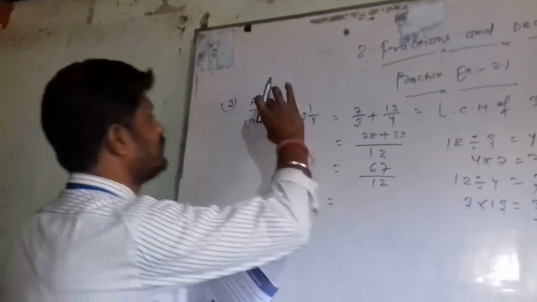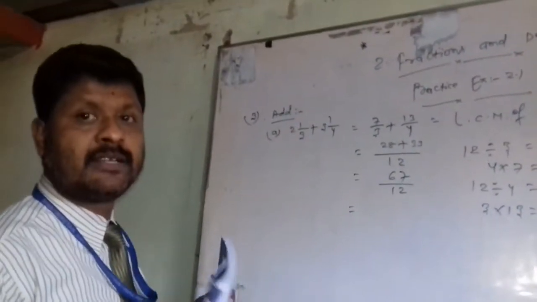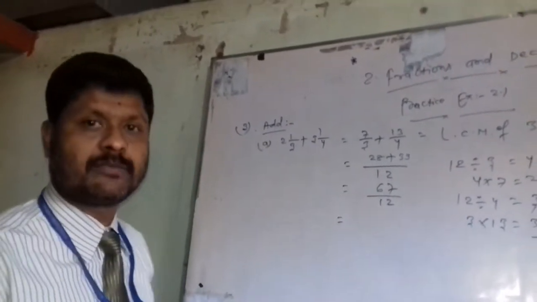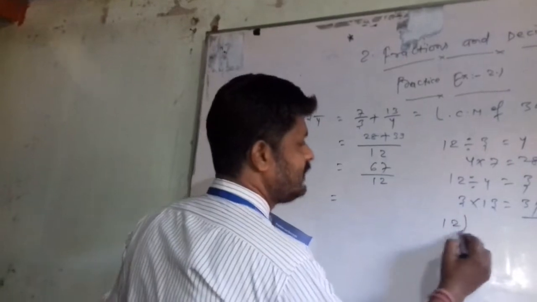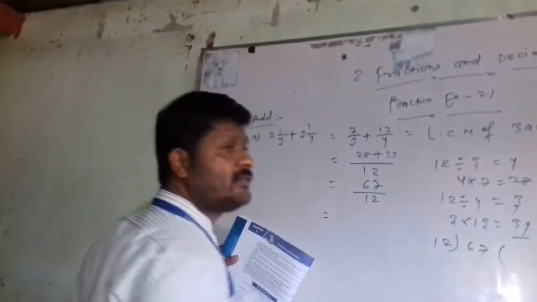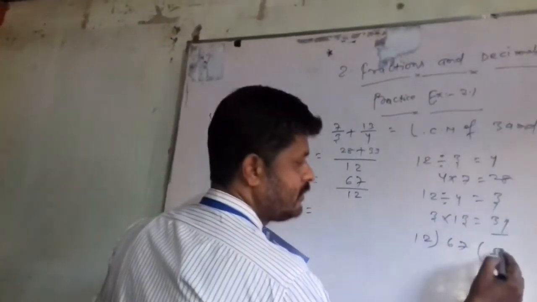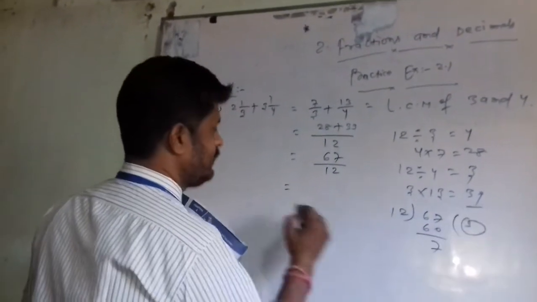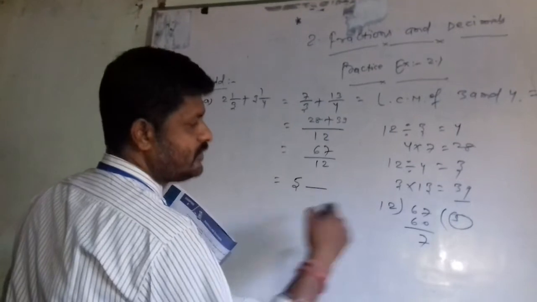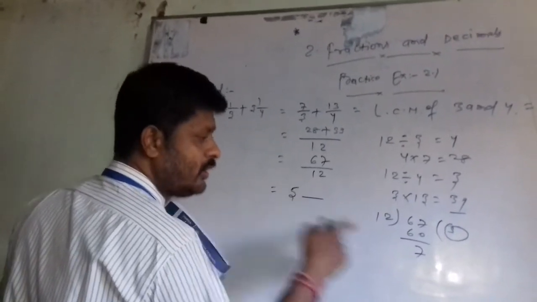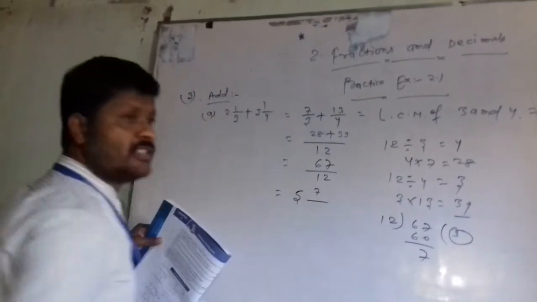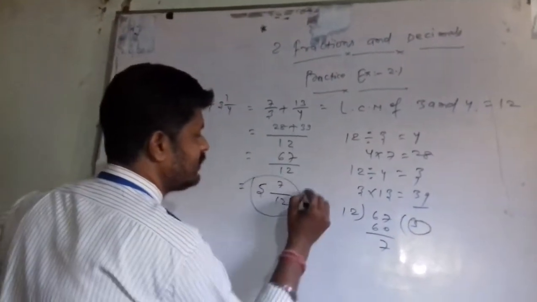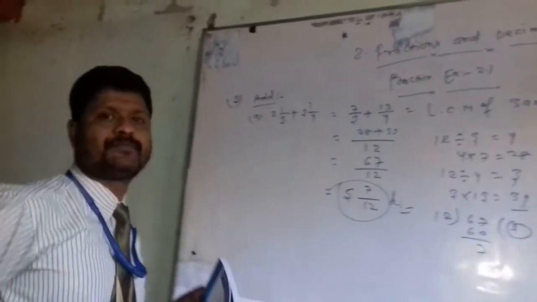And because this question is in mixed fraction, we have to find the answer also in mixed fraction. 67 is divided by 12, we get 7, then this is called whole, 7 is the whole, 7 is the numerator and 12 is the denominator, and this is our answer.